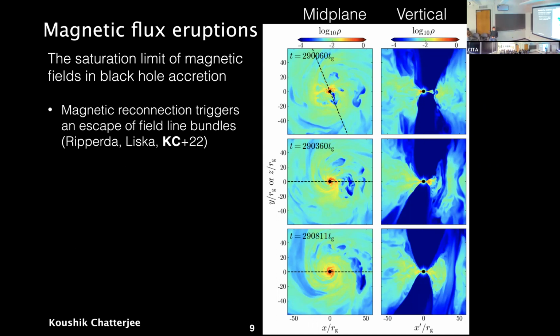This blue region, where the color shows density, you can more or less say that the low values of density correspond to a flux eruption event, in this case at least. So this is an initial expulsion of that flux tube. And what I'm doing is tracking this specific flux tube.